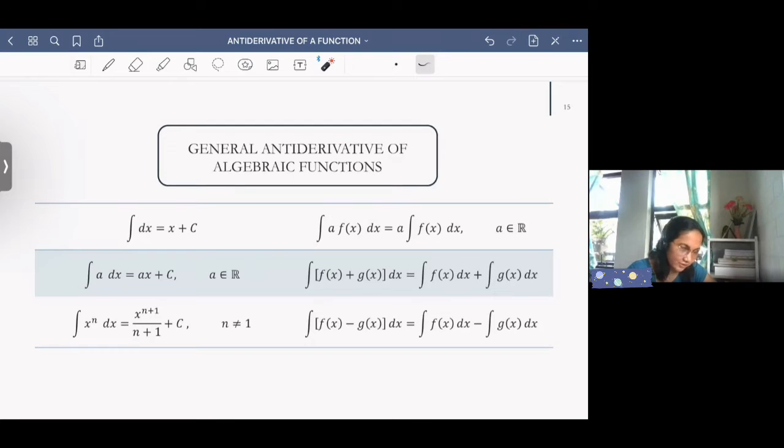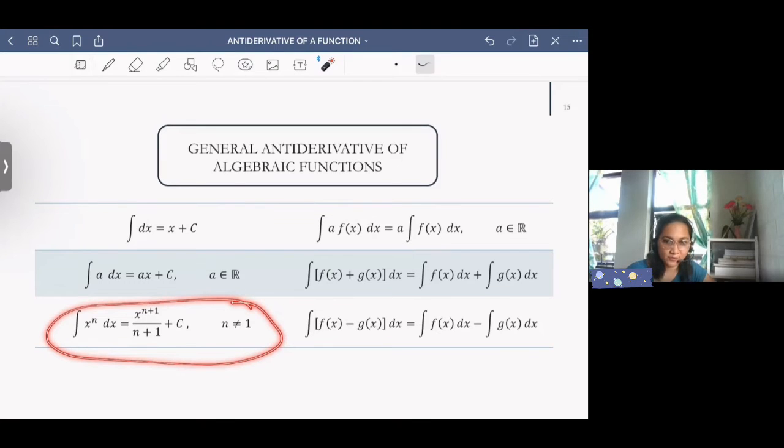We also have the integral of x raised to n dx is equal to x raised to n plus 1 divided by the quantity n plus 1, plus c, wherein n is not equal to negative 1. So we have here the power rule. This will serve as the power rule for the antiderivative of a function.